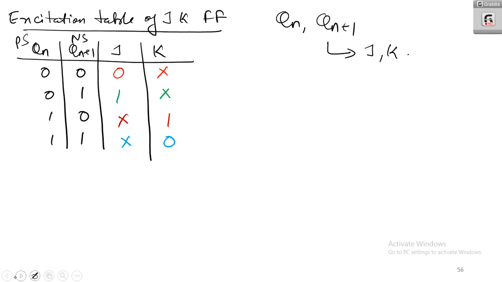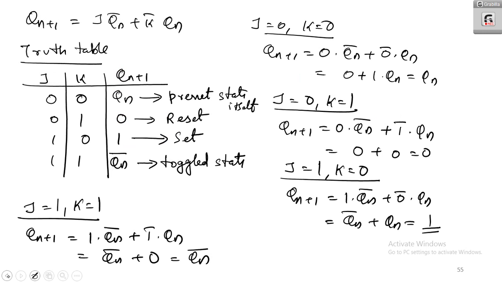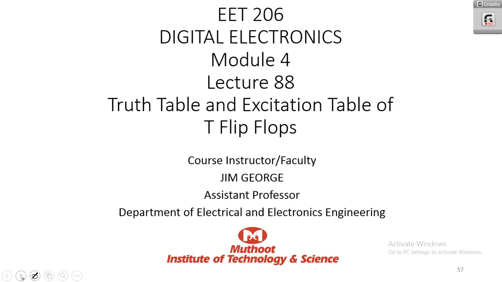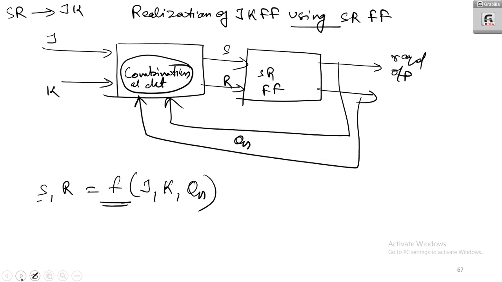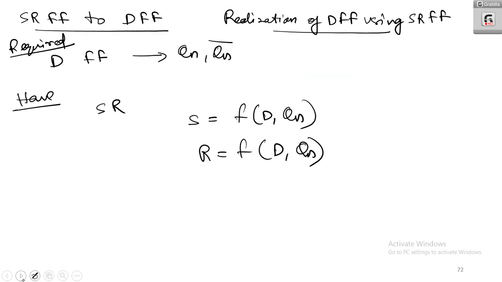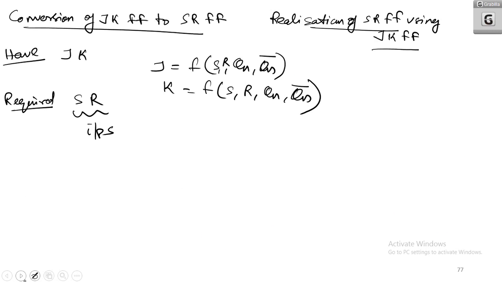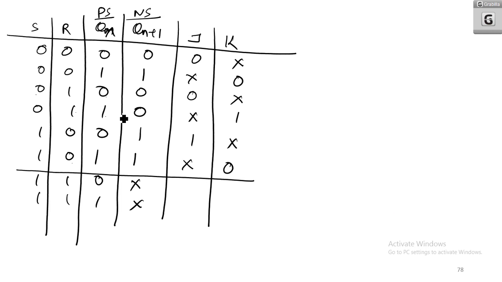Okay. So this is the basic excitation table of JK flip-flop that we have dealt with in the previous lectures. And coming back to our lecture, 1 to 0 means don't care 1.